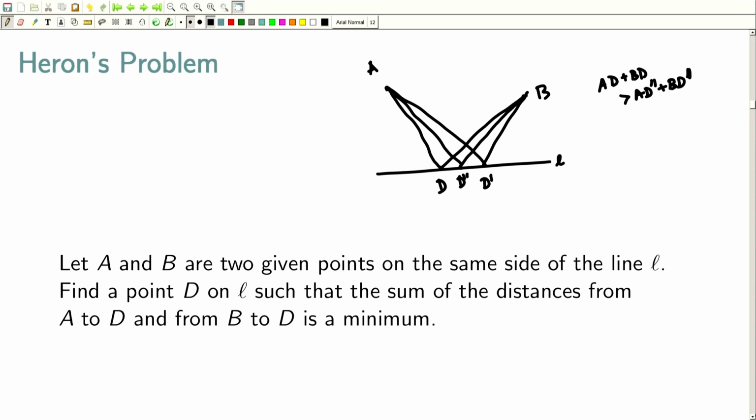So our question is whether there exists a point on this line such that AD plus BD is the least among all such sums of the lengths AD prime plus BD prime.